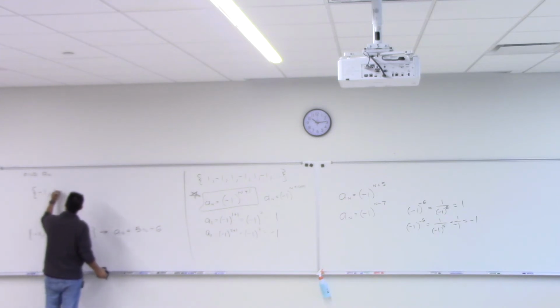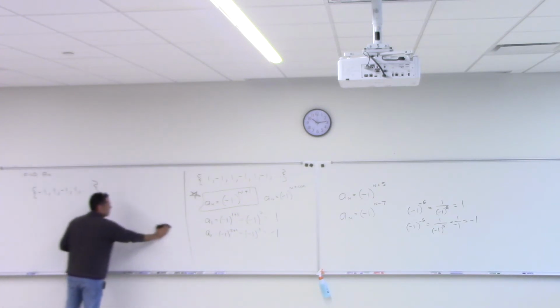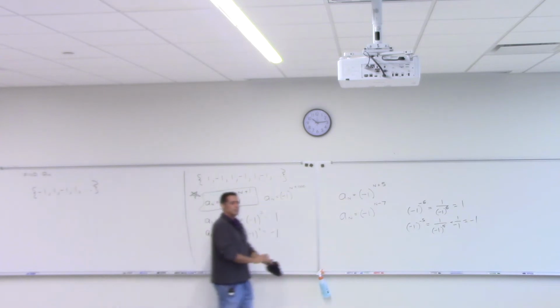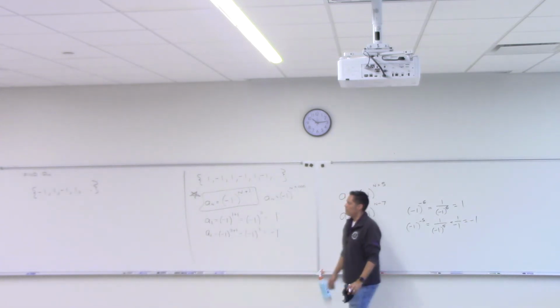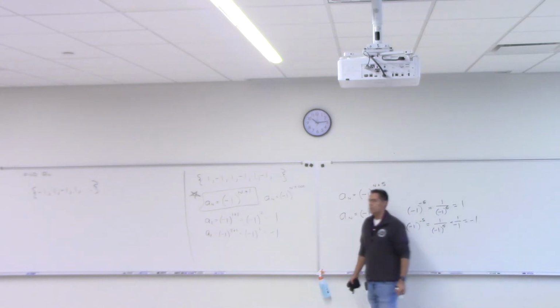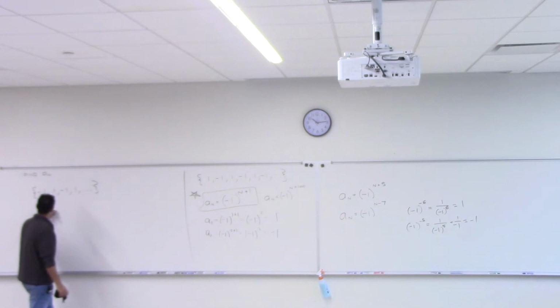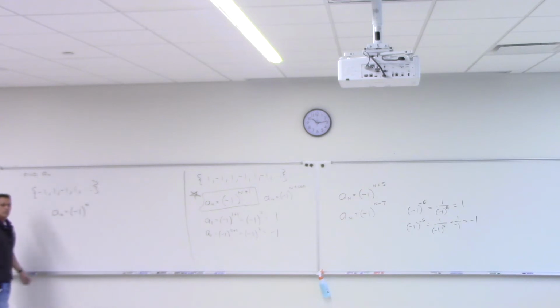What if I want an alternating sequence, but I want it to start at negative 1 instead of positive 1? It would just be even. So, how do you do this? What's the formula? Negative 1 to the n plus or minus an even number.